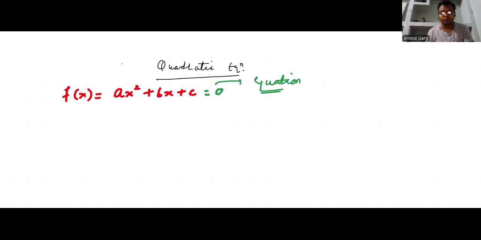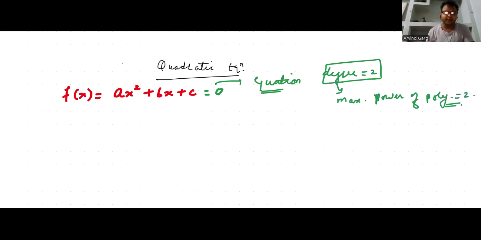First of all, in a quadratic equation, the maximum degree will be 2, or you can say the maximum power of the polynomial must be 2. Okay. So to be a quadratic equation, a can never be equal to 0, because if a is 0, then it will not be a quadratic equation. It will be a linear equation. All right. So this is a general quadratic equation, the very first condition I have given you.